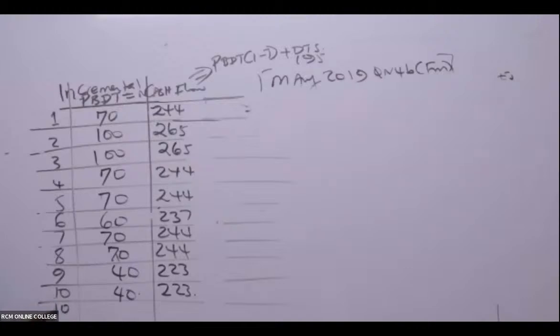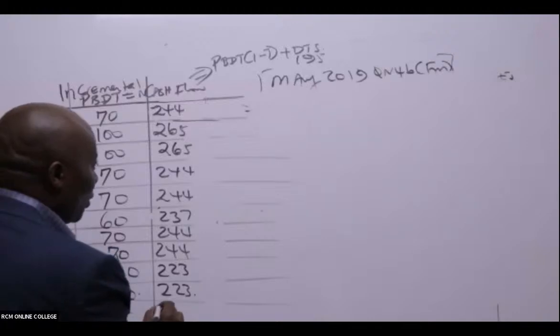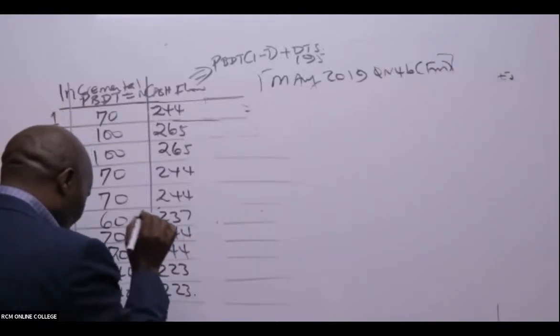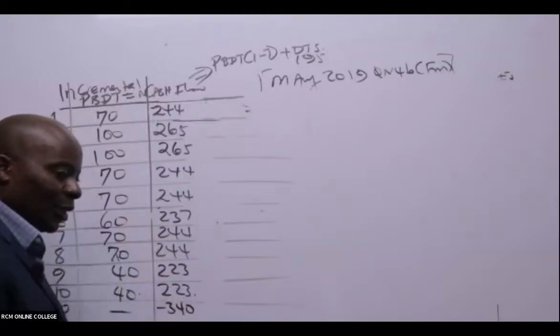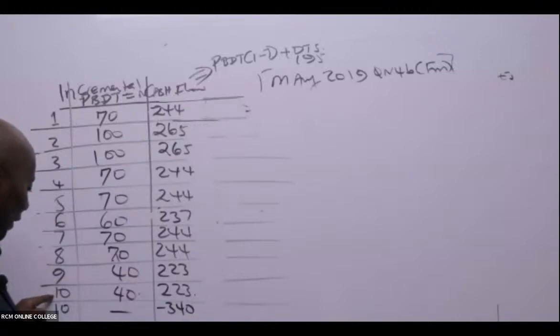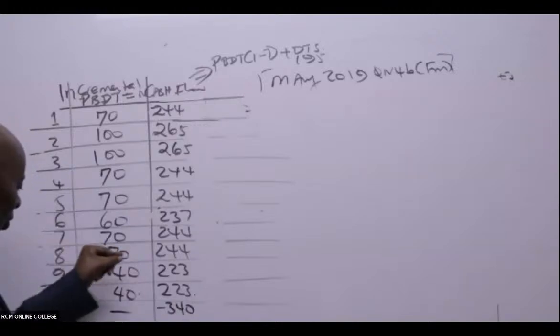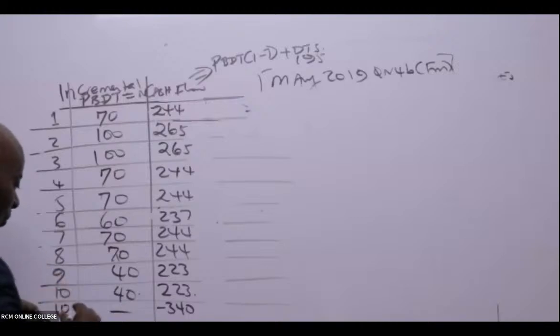Then you duplicate and write another 10, and here you write the terminal cash flow. I can't remember that terminal incremental cash flow, was it minus 340 the last year? If it was a project ending on year 8, you would have said 8 for the normal and then 8 for the terminal. So this is terminal.